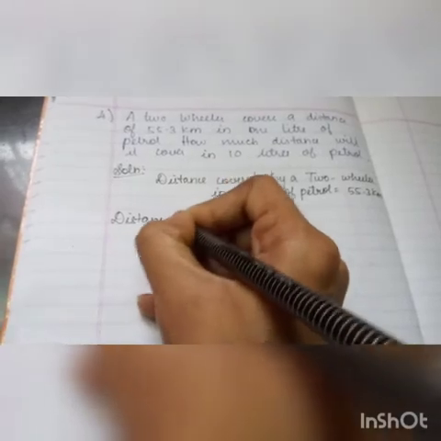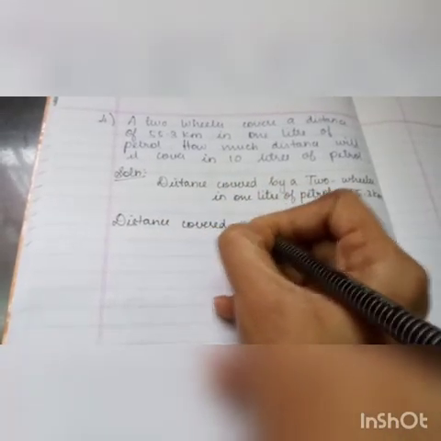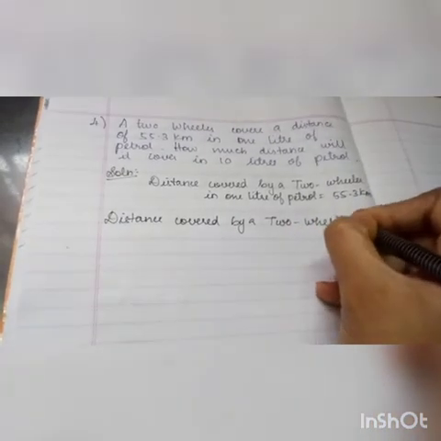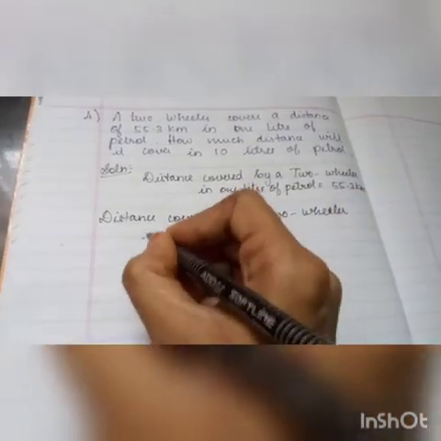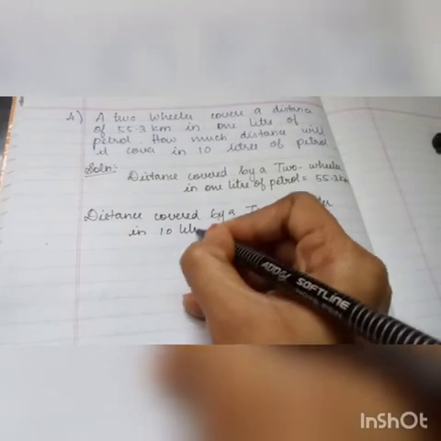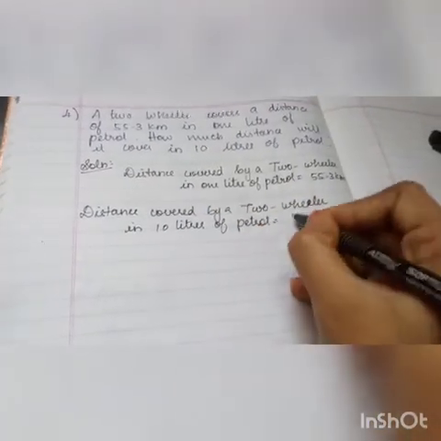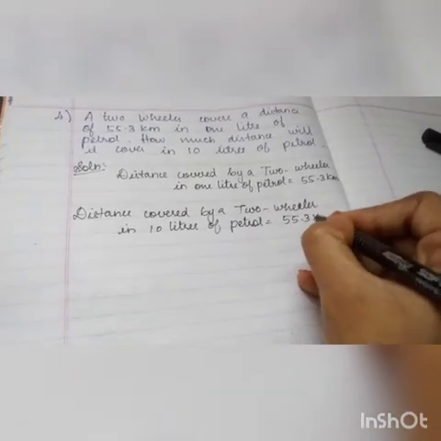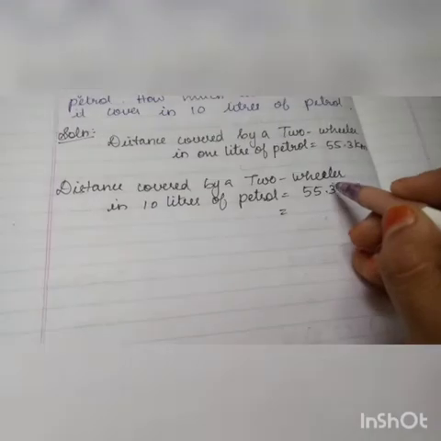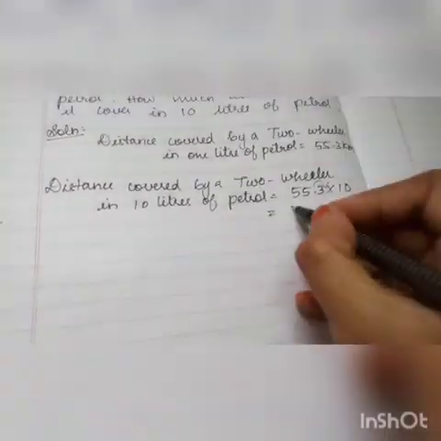Likewise, distance covered by a two-wheeler in 10 liters of petrol. How will you write? 55.3 into 10. Into 10 means you don't need to multiply it the hard way, just shift one digit.